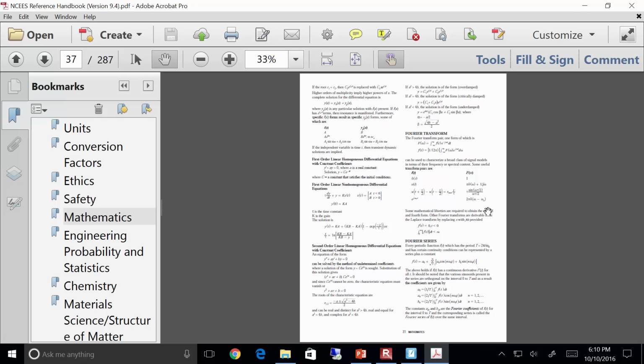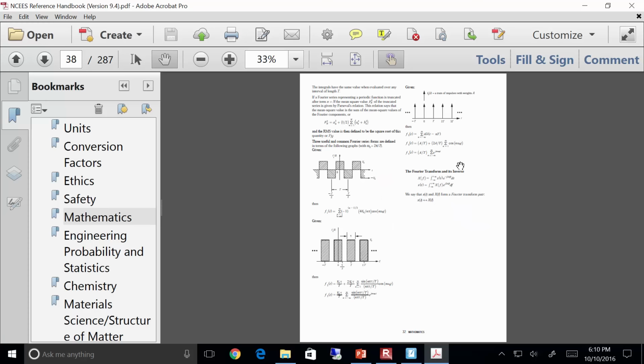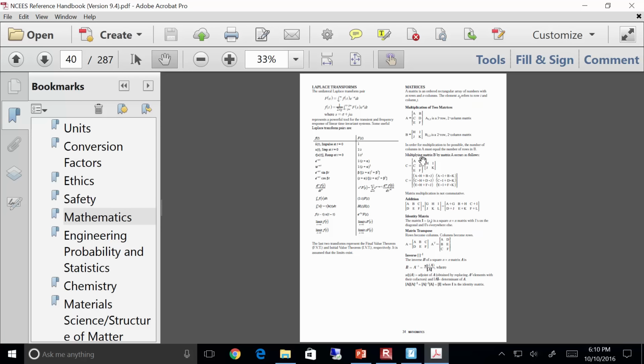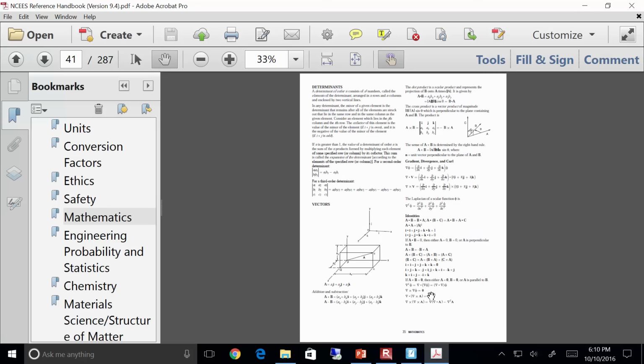Fourier series, this is where we're starting to get into the stuff that as civil engineers and mechanical engineers, we're probably teetering towards. This really isn't going to be on the exam. If you were electricals, I might say otherwise. Fourier transforms, all that. Laplace transforms, matrices, matrix math, that will be on there. Determinants, identities.